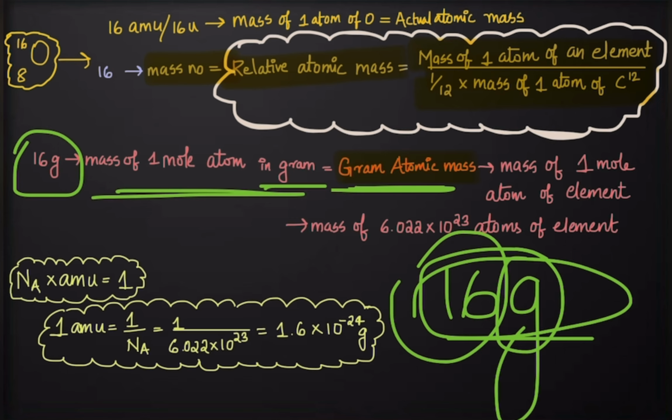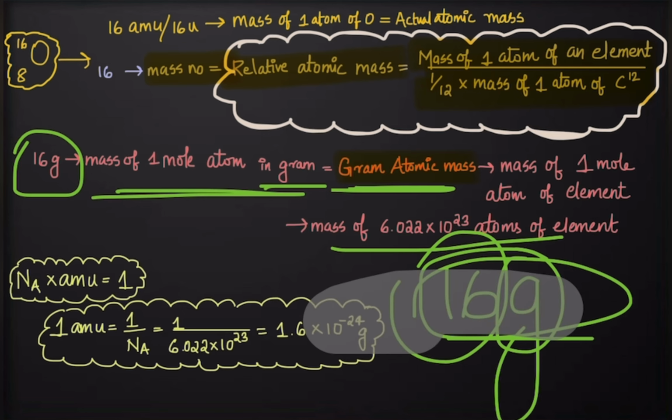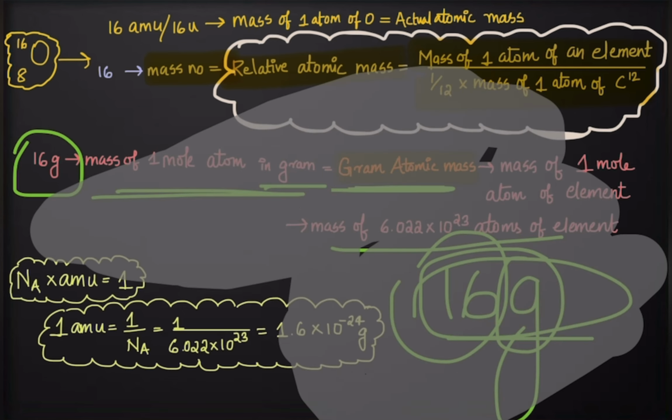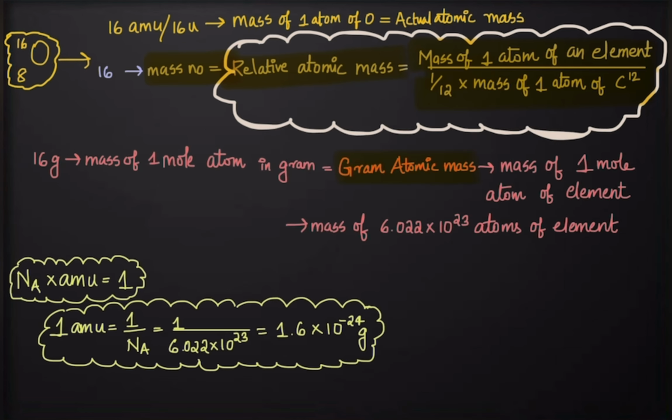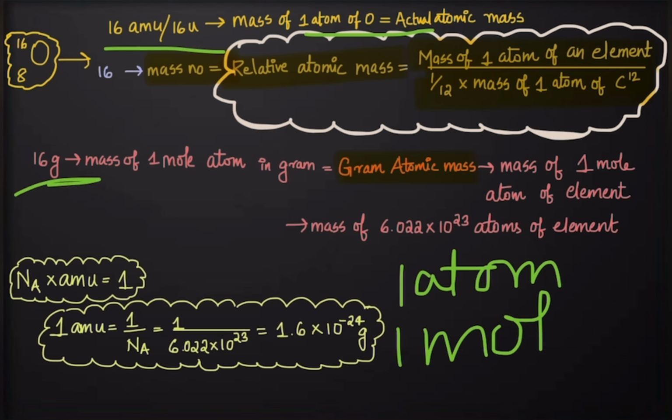That is the mass of one mole of atoms of an element, the mass of 6.022 into 10 raised to 23 atoms of the element. So we had already said that 16 AMU or 16 U is the mass of one atom of oxygen, and the mass of one mole of atoms is 16 gram.